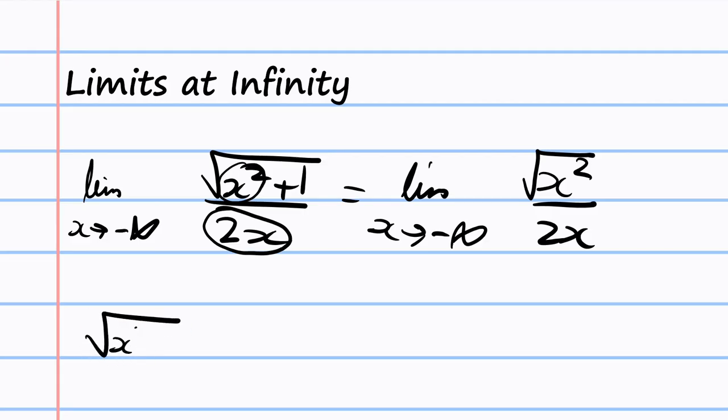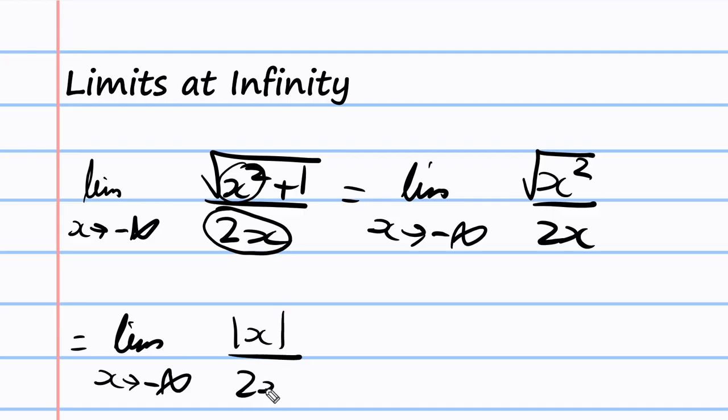The square root of x squared is equivalent to the absolute value of x. So we can rewrite the limit as x approaches negative infinity of the absolute value of x divided by 2x.